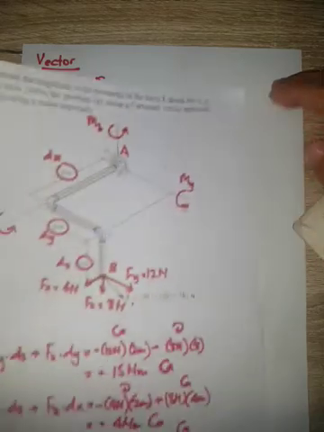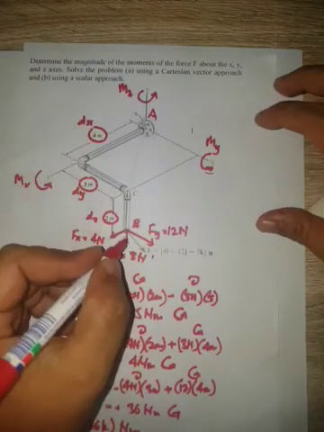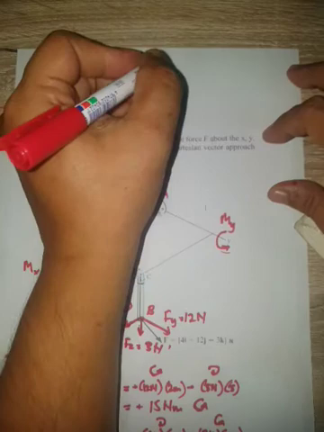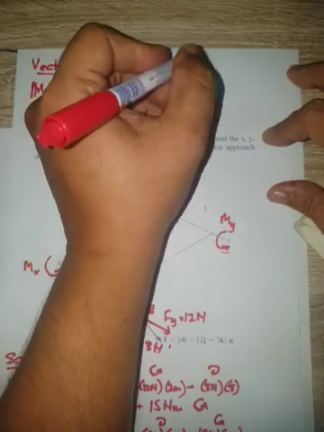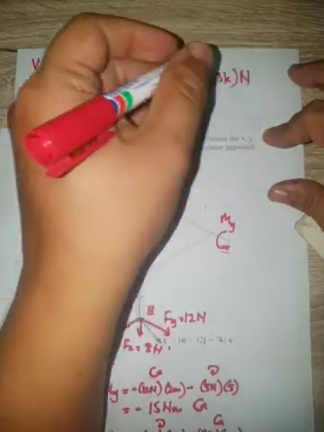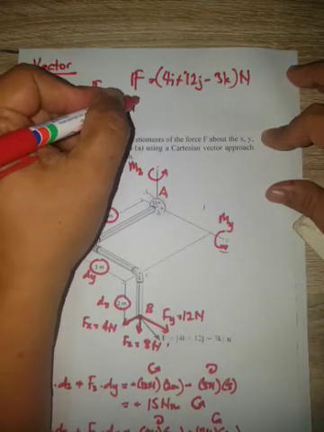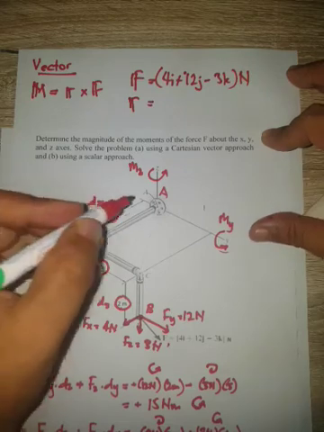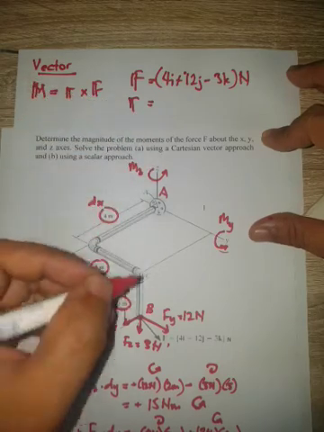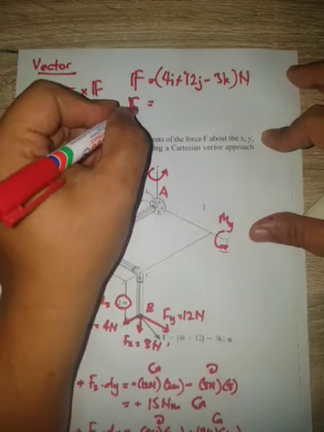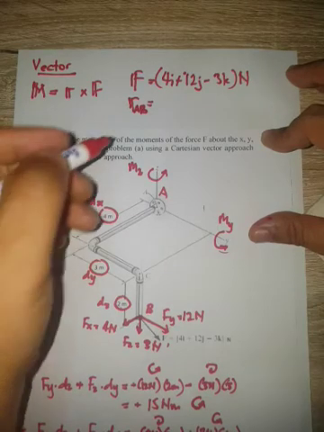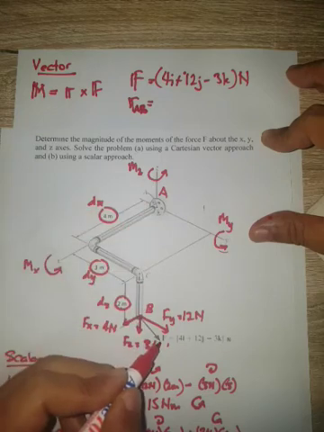If you look at the question, we have the force here. The force is F equal to 4i plus 12j minus 3k Newton, and the position vector R is from A to B. We are going to find the moment around point A, so we need R to point B, because point B is where the force line is acting.